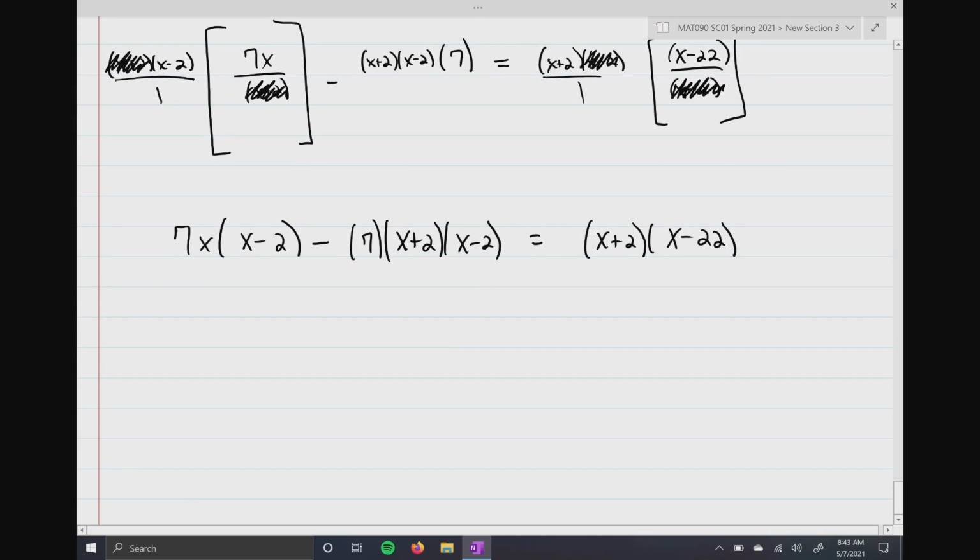So now I'm going to go ahead and just figure this out. I see a bunch of sets of parentheses. It looks linear right now. All right. Now I say right now because I could see what's going to happen. But I'm going to just go ahead from left to right and just distribute. 7x times x, 7x squared, 7x times 2, negative 14x.